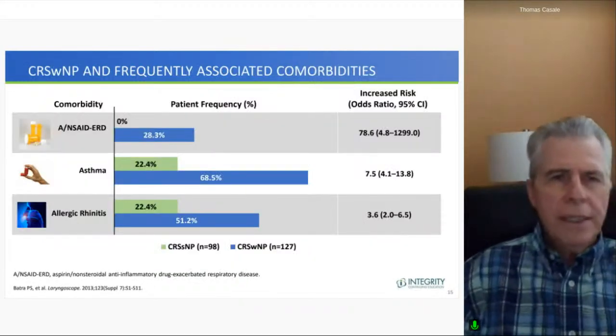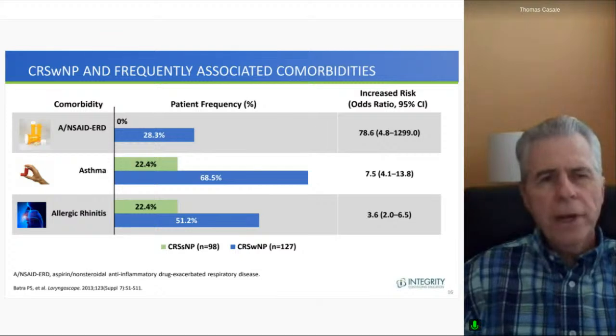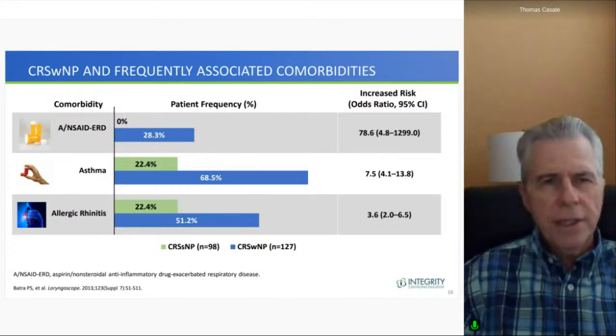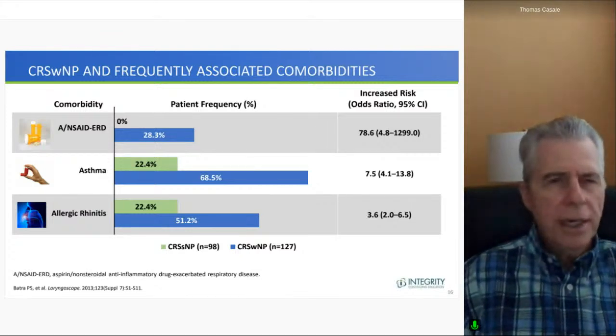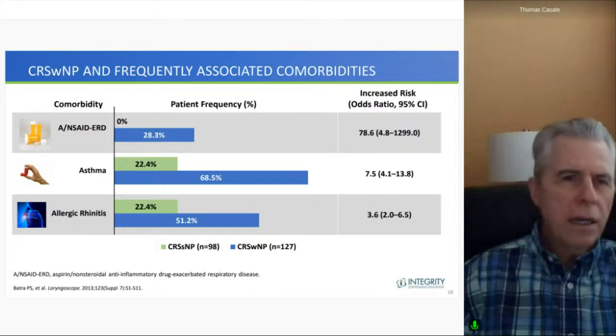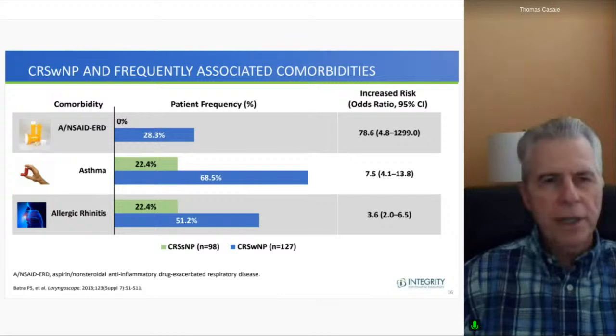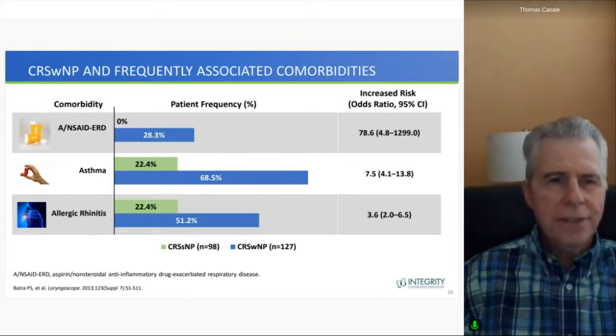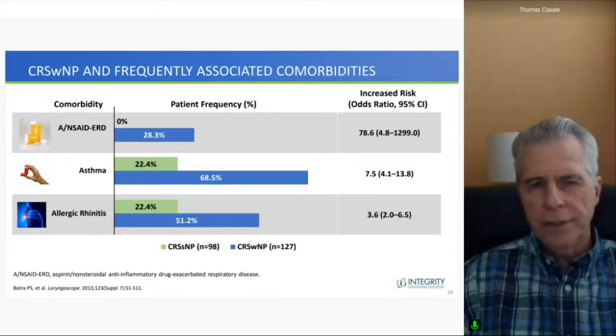Now, importantly, if you have patients with chronic rhinosinusitis with nasal polyps, they tend to track with other diseases. So the 3 diseases that often occur with these patients include aspirin sensitivity, asthma, and allergic rhinitis.